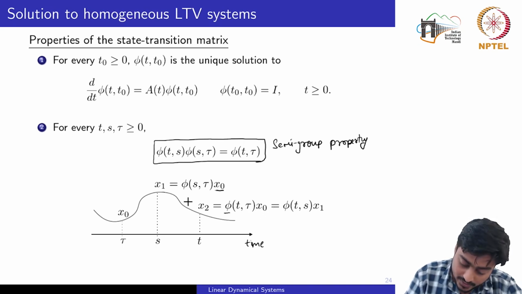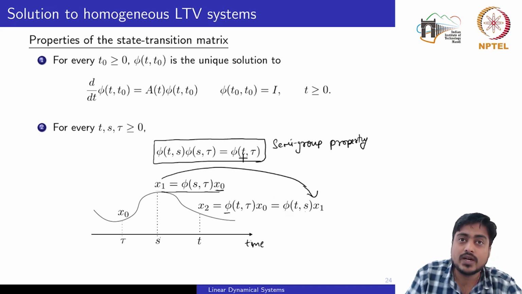Or if my initial condition is x1, because I know that this solution would be a unique solution, then the state transition matrix would be computed by the response at t, given the initial condition at s, multiplied by that initial condition at t equal to s. So I could write x2 is equal to phi(t, tau) x0, or phi(t, s) x1. Now if I put x1 from here to here, it gives me phi(t, s) phi(s, tau) = phi(t, tau).